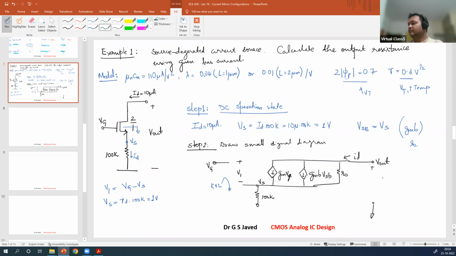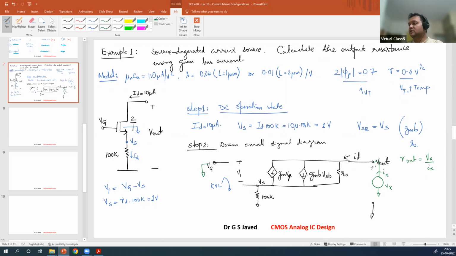Easiest way of doing that, put a test voltage. This is Ix, this is Vx, test voltage. So your R out is given as a ratio of Vx over Ix. In this case, your Vg will be grounded, and so only you are left out with Vs over here. Correct?